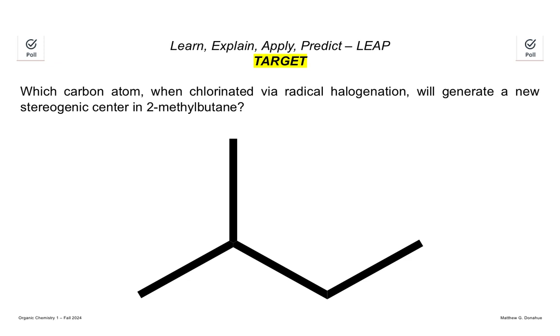So I'll try to work around the prompt here and make it a little bit more interactive. So these methyl groups here and here, they're equivalent. If you did a CH to CCl substitution, would that generate a stereocenter? Getting some head shakes. Let's draw it out so we can see.